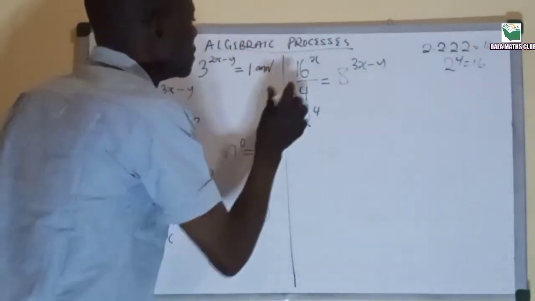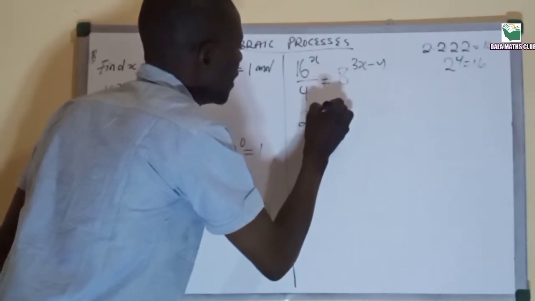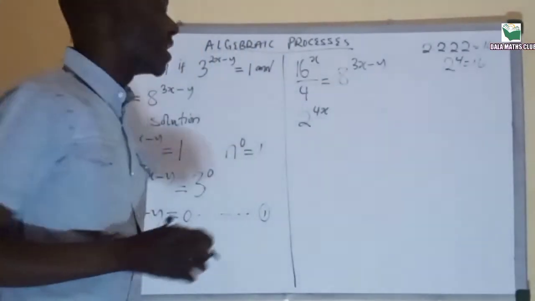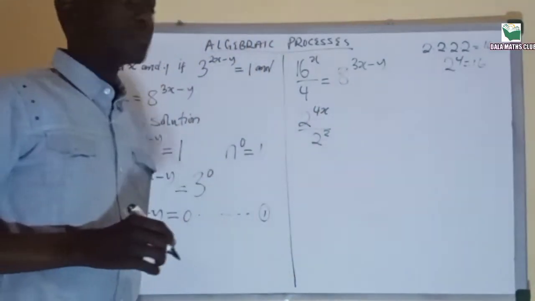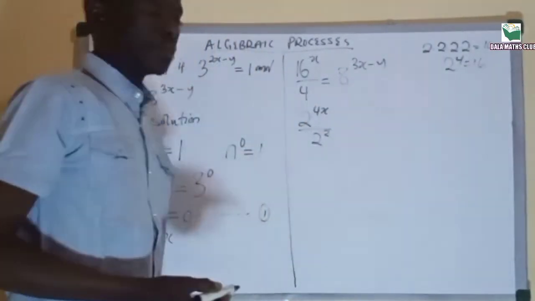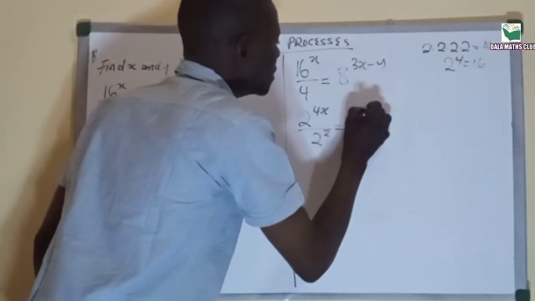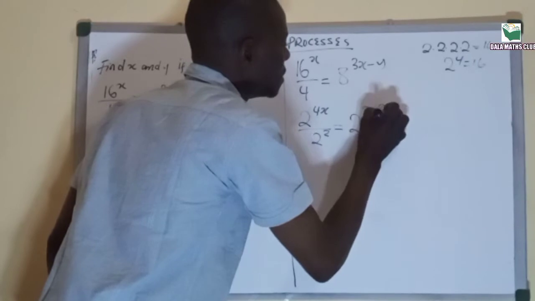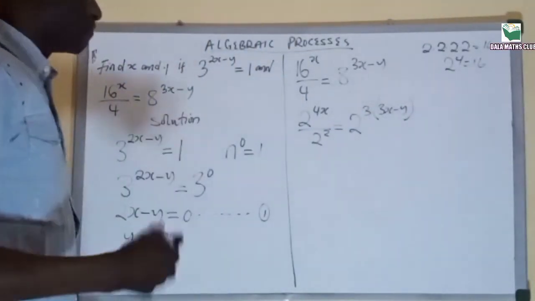So we now say this is 2 power 4, 2 power 4x. We are multiplying this with x all over 2 square because 2 times 2 is 4, is equal to 2 power 3 bracket 3x minus y. I hope we are following.